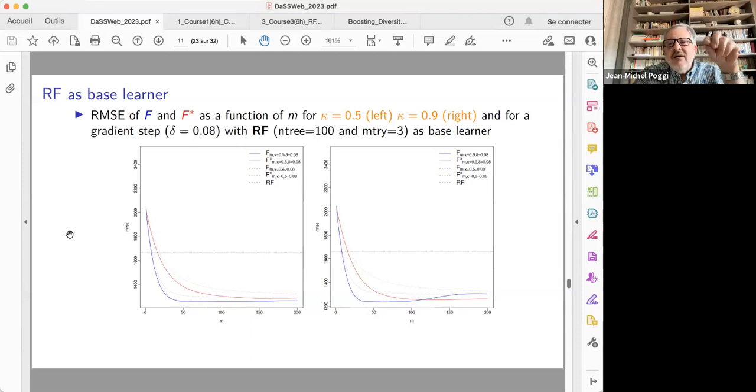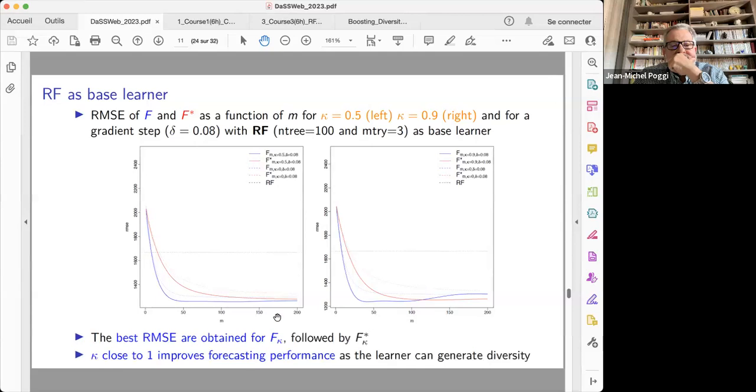Essentially, you will see that on this example, we just have confirmation. We start with random forest as base learner. In blue we have F and F star, always the same. F is the usual boosting estimate or the diversity boosting estimate, and F star is the mean value of that, as a function of kappa.